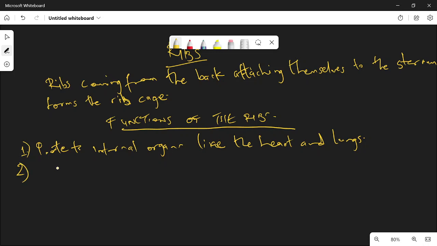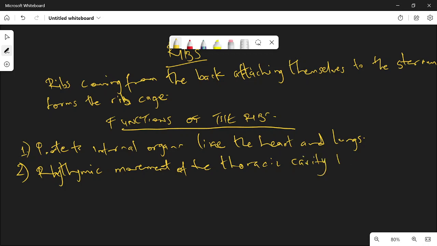Two, rhythmic movements of the thoracic cavity. Brings about or aids respiration.